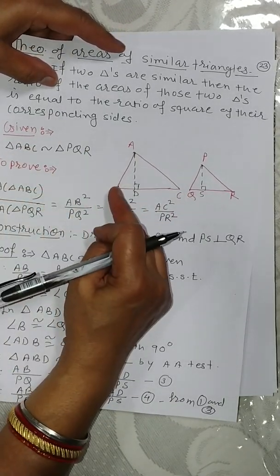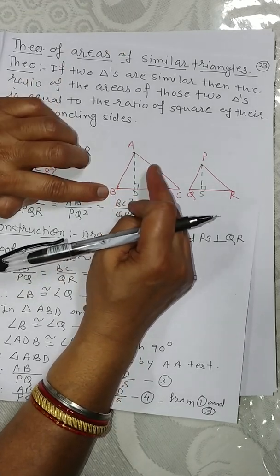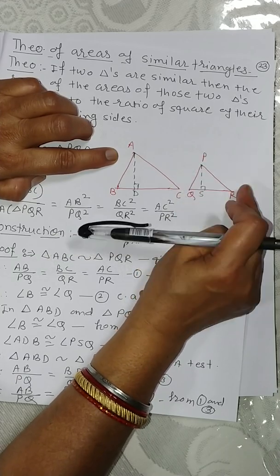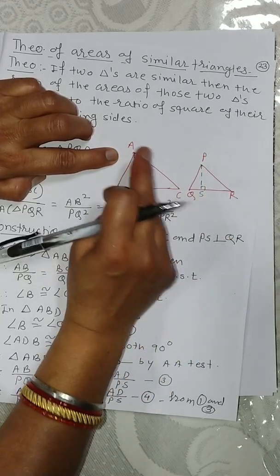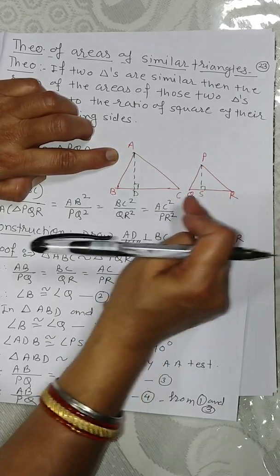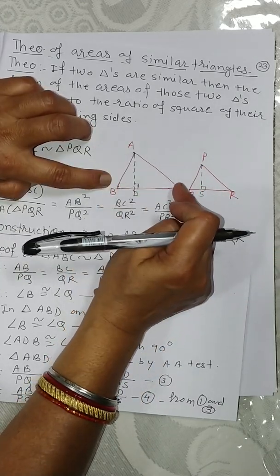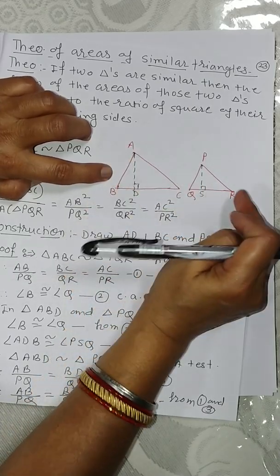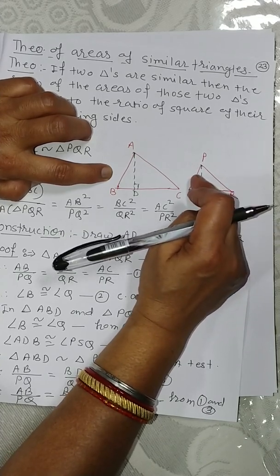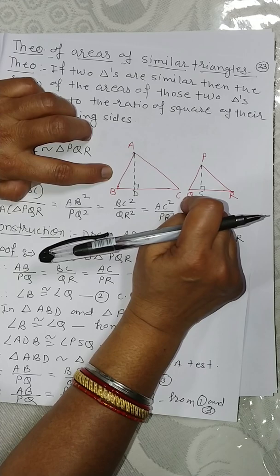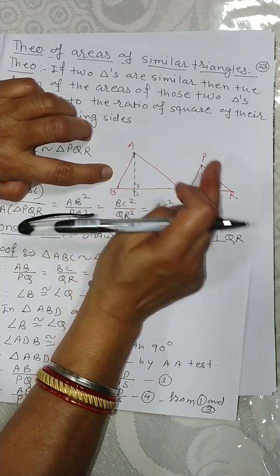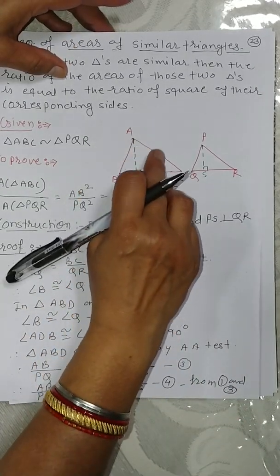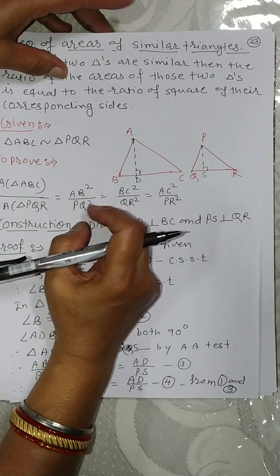If we draw perpendicular from this vertex B to AC, then this is the base and height. Here also PR is a base and height. So we get AC square upon PR square. If we draw perpendicular to this side AB from C, so this is the base. Here also if we draw perpendicular from R to PQ, then PQ is a base. And then we get AB square upon PQ square. So by drawing this perpendicular to different sides, we get these ratios.